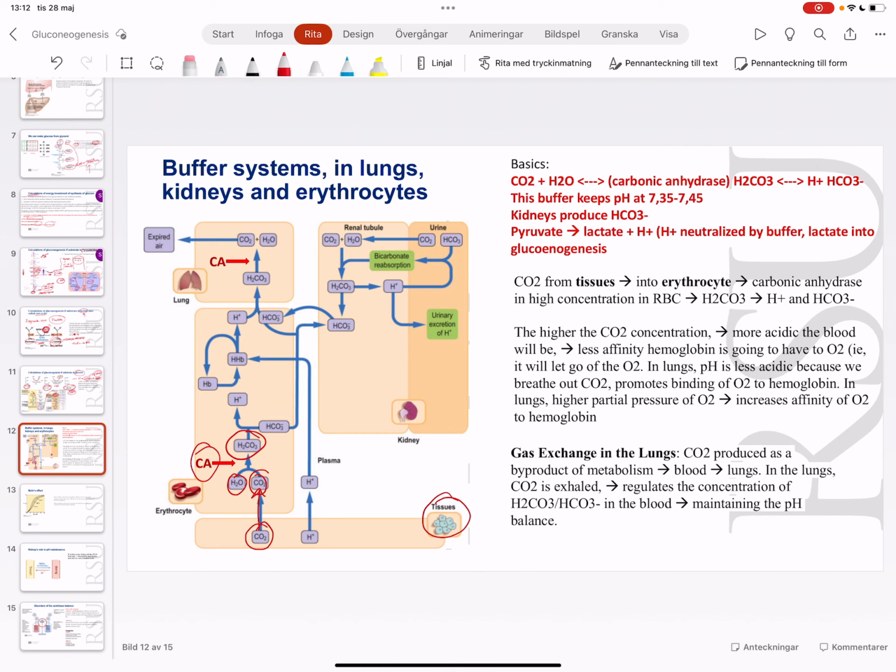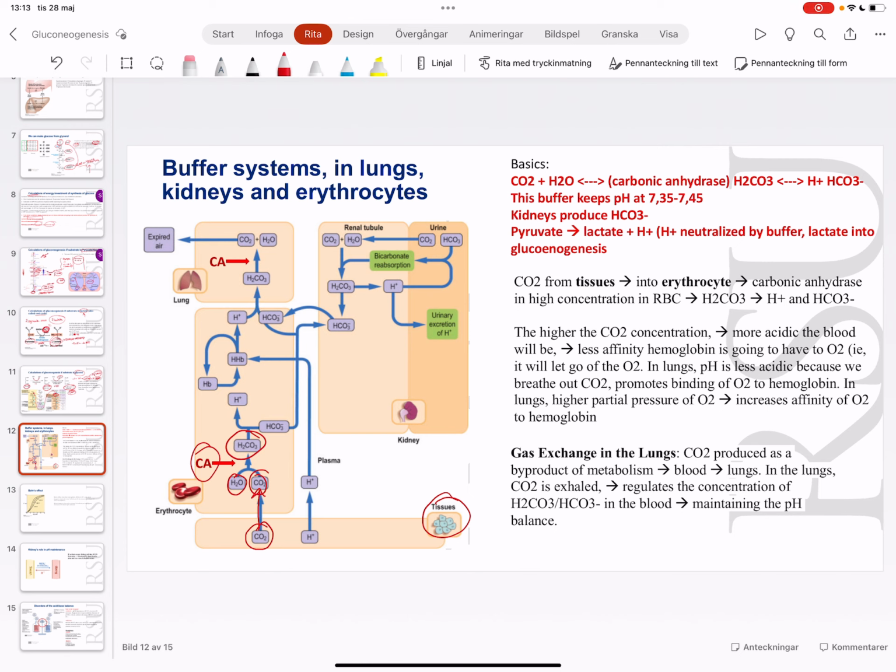What else do I want to say? Also, in the lungs, when we breathe out carbon dioxide, this will actually increase the affinity of hemoglobin to oxygen.